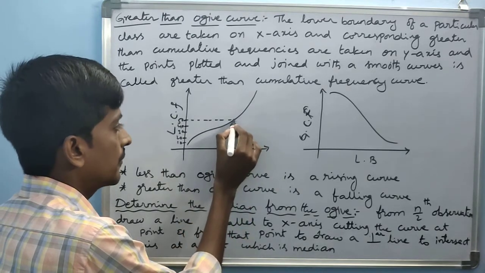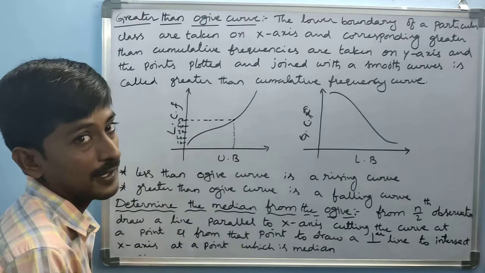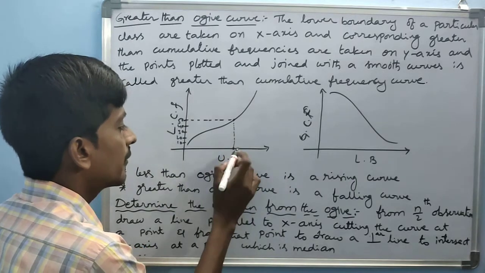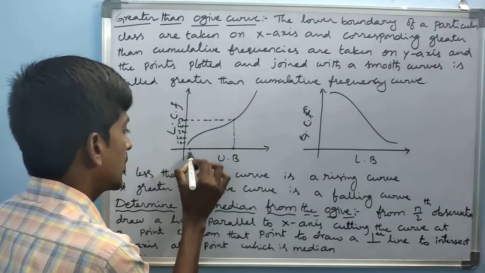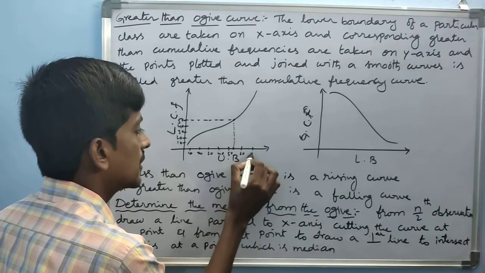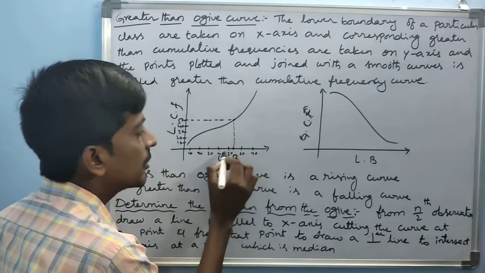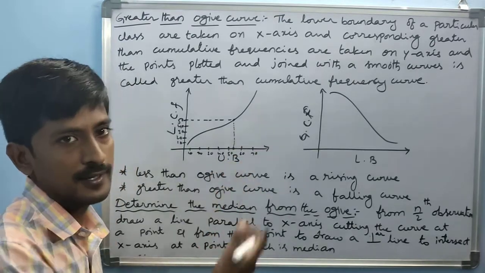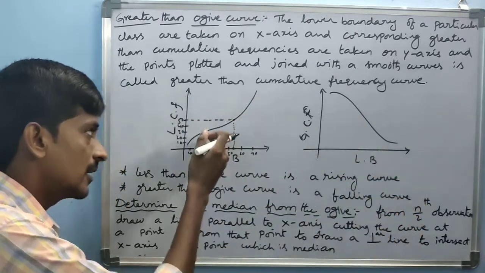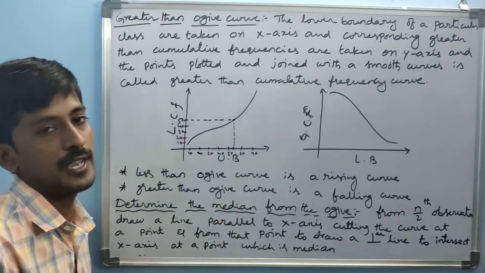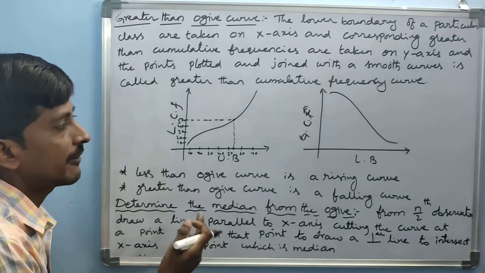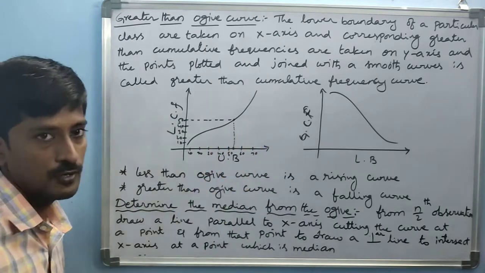Where it cuts the x-axis, that point is the median. It is nearly between 50 and 60, say 52 or 53. That is the median. If you use the formula or the graph, the median value is the same, with approximately small changes. This is finding the median using ogive curves.